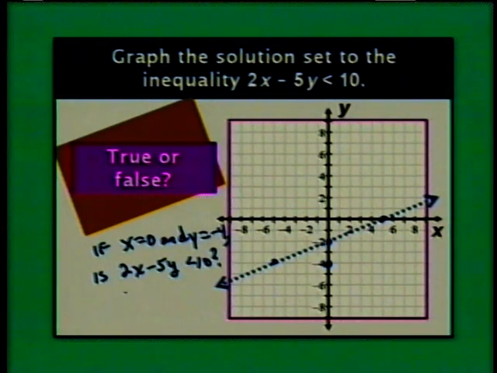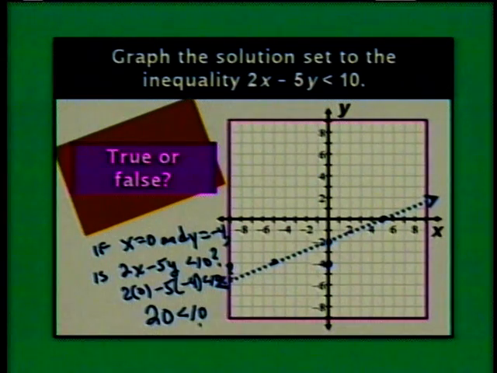Well, let's check it out. 2 times 0 minus 5 times negative 4. Is that less than 10? 2 times 0 is 0. Negative 5 times negative 4 is 20. Is 20 less than 10? That would be the big false.